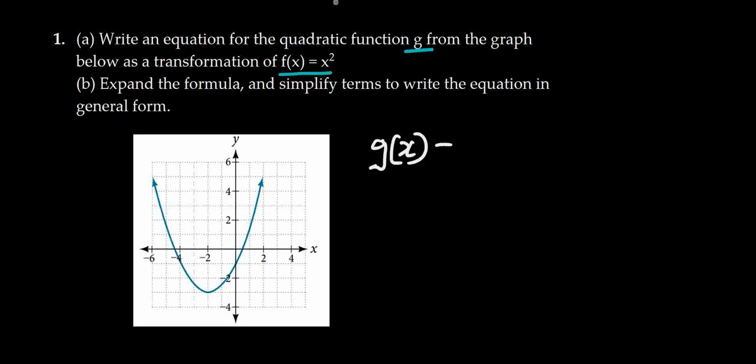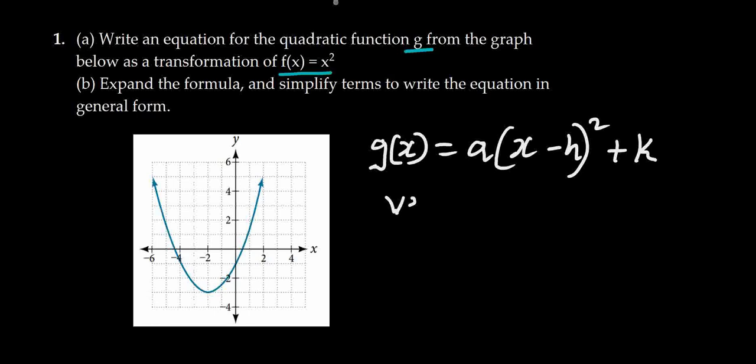So now we are going to write the function in terms of g of x in the standard form of quadratic, a times x minus h squared plus k. So next is to identify the vertex. The vertex is the value of the h and k coordinate in the curve.